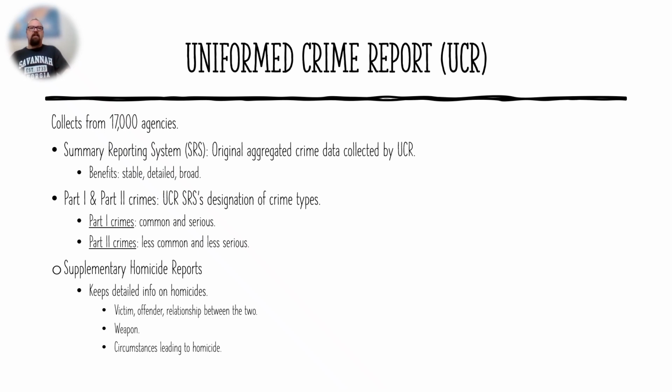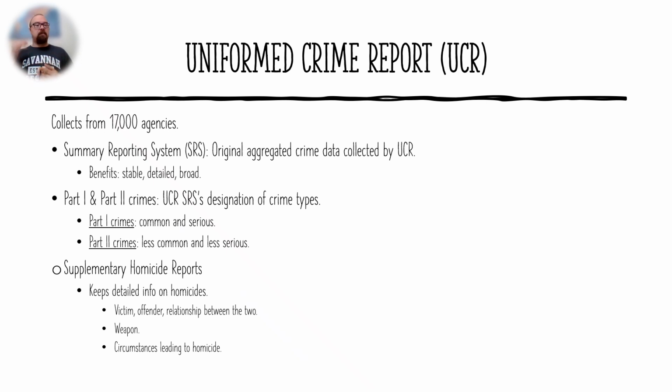It gives us a very specific look at those crimes that have been reported. But official crime data out of the UCR is only reported crimes. It does not capture those unreported criminal offenses. Like if someone was raped and never reports that, that's never going to be captured on the UCR.